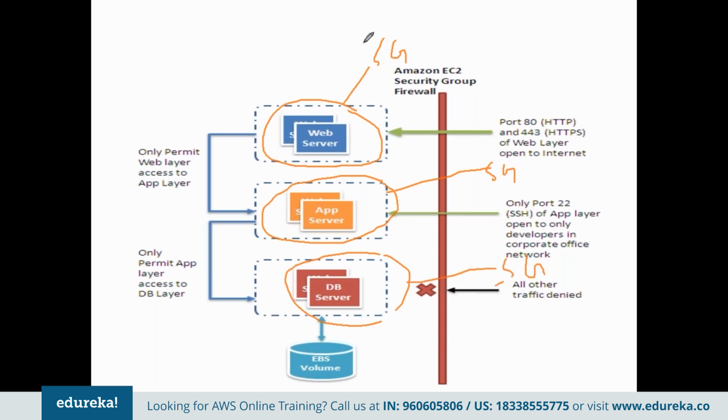In this security group, I'm controlling the traffic that is coming from outside. Likewise, for app server, I can control the incoming traffic only from the web servers. And likewise with the database servers, I can control the traffic only generated from app servers. One of the best practices is include security at every layer of your application.